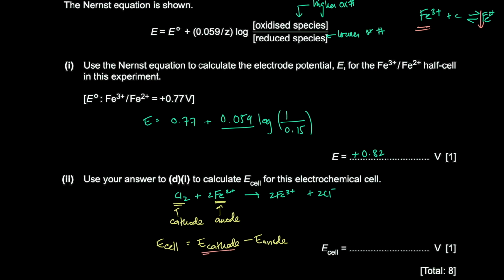So this remains the same. But the anode was initially 0.77. Now the anode has increased, from 0.77 it's gone to 0.82. So the anode has become more positive, right? The electrode potential at the anode has increased by 0.05.